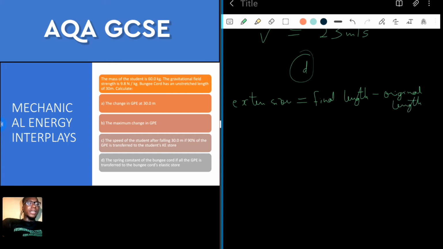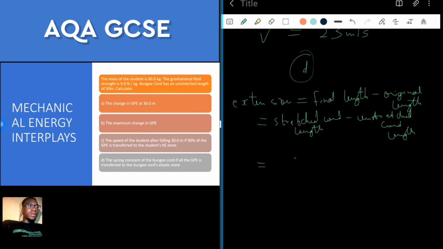So in this case, if we are to tweak this to answer this question, we'll say extension is the stretched cord minus unstretched cord length.